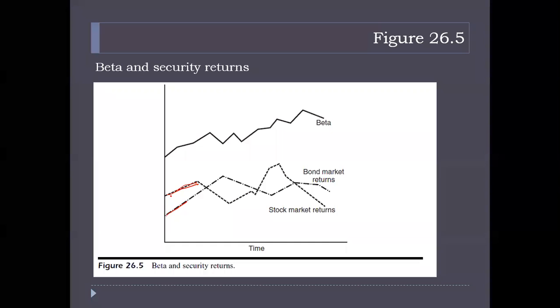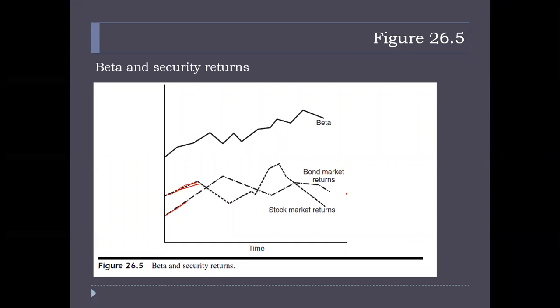So if the market movement looks like this and you have a very good timing skill, your beta should reflect the same shape of the market return.